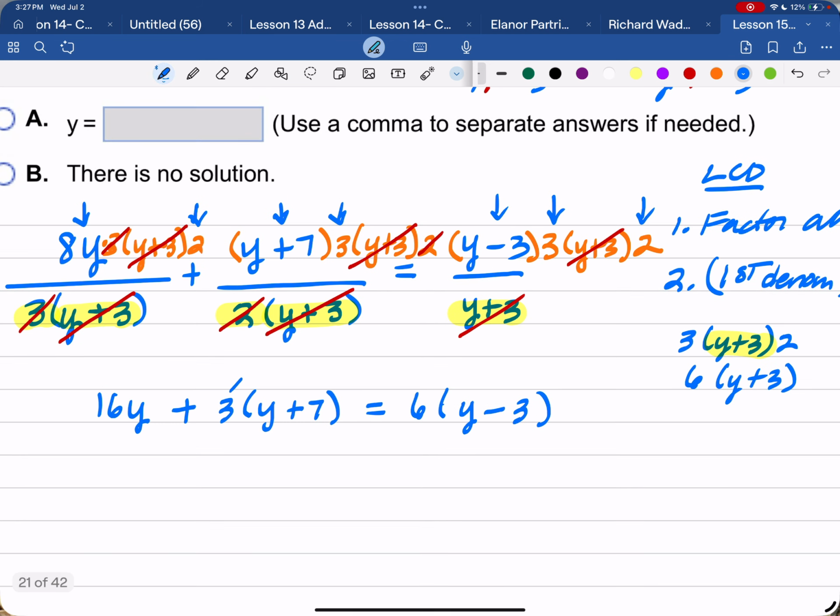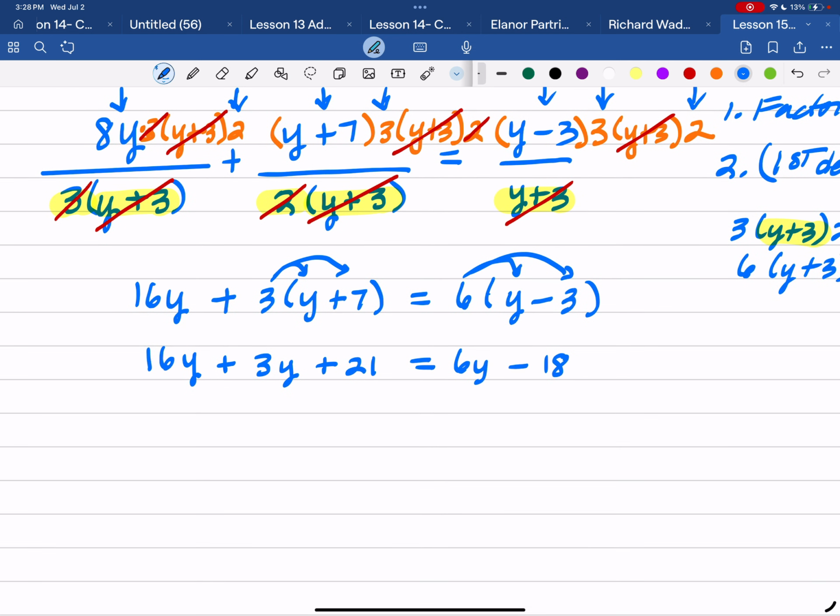So I need to do the distributive property where I have parentheses. That's why it's so important you put parentheses around your binomials. I get 16y plus 3y plus 21 equals 6y minus 18. So 16y and 3y is 19y plus 21 equals 6y minus 18.